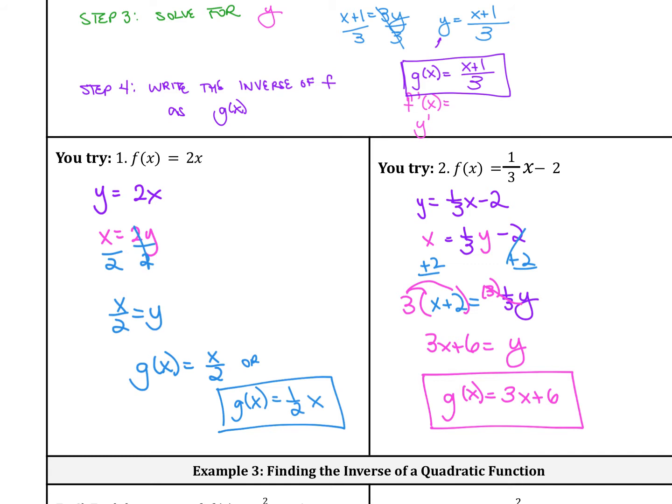The most common error students make is that they write 3 and then x plus 2, and then they forget to distribute it, right? So you need to balance the equation by multiplying it to every single term. So it becomes 3x plus 6 equals y. Again, you multiply by 3 just to cancel out the 1/3. And so we have g of x equals 3x plus 6.